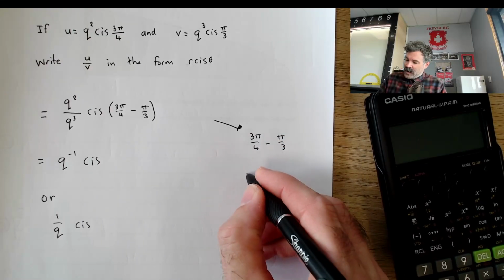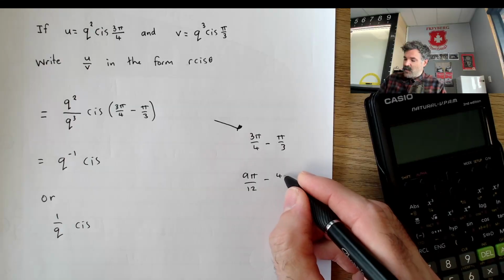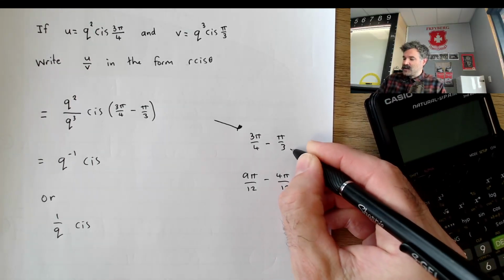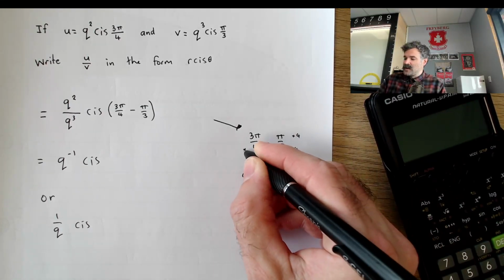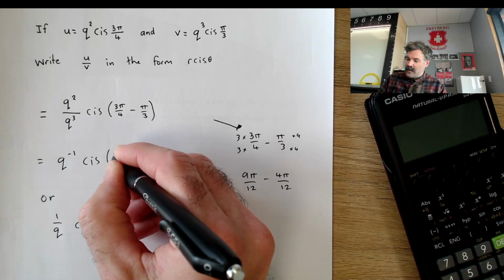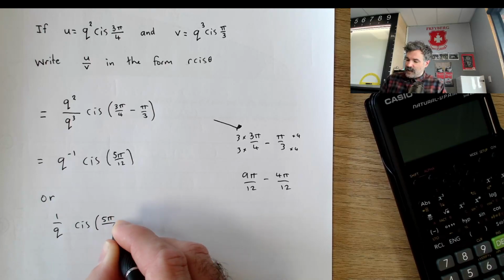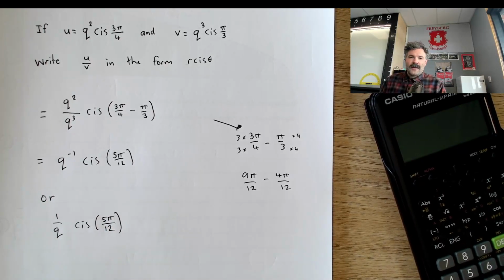Times top and bottom by 3, I end up with 9 pi over 12. Minus, times top and bottom by 4, I have 4 pi over 12. Then do the subtraction, and we end up with 5 pi over 12. And that would be our answer.